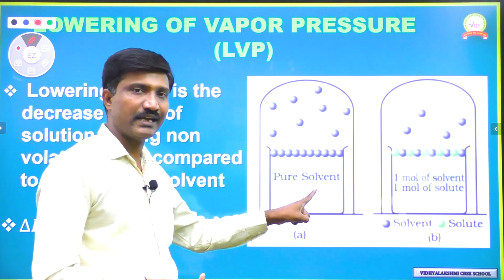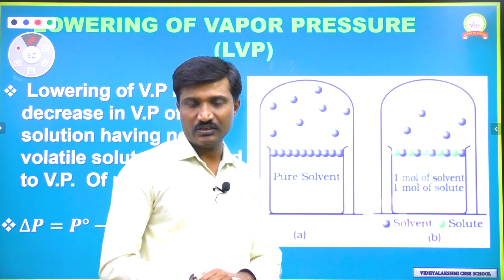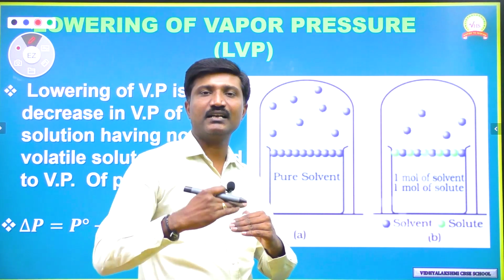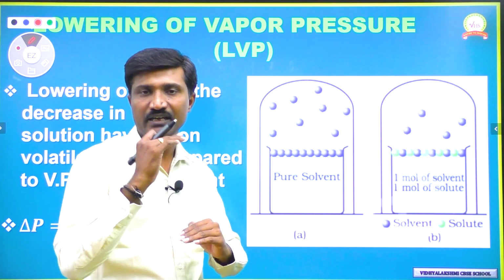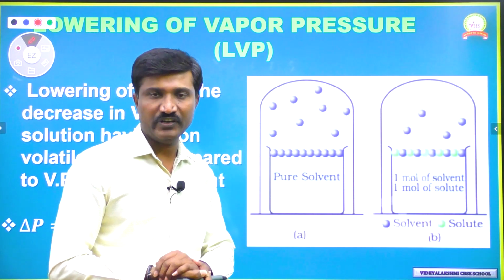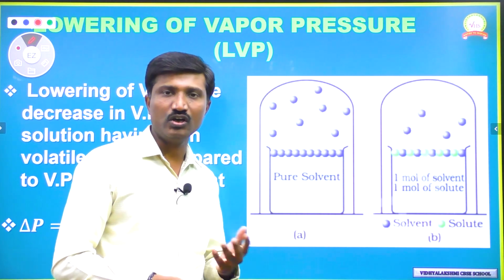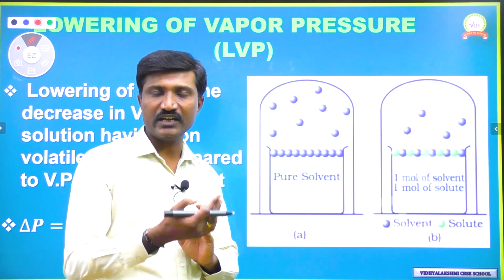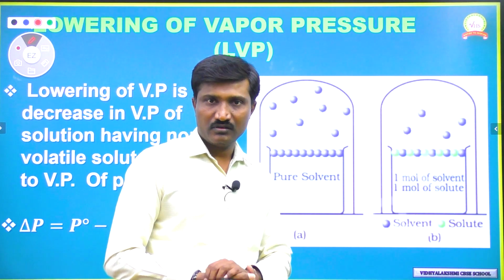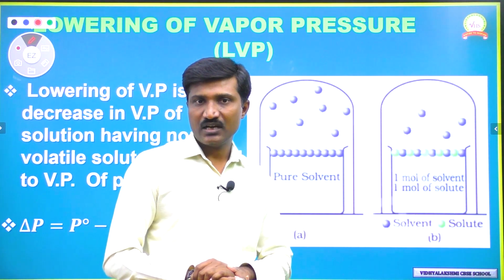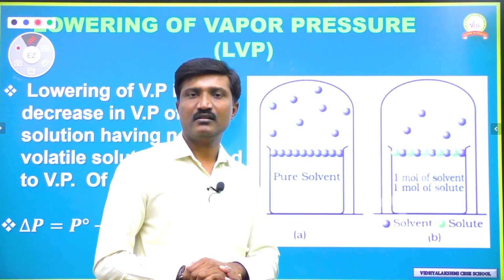Here I am taking the liquid as solvent and a non-volatile solute. Non-volatile solute means it does not undergo any vaporization, it does not show any volatile nature. For example, if you take stone, salt, glucose and keep any of these substances in our room or atmosphere, do they undergo any vaporization on their own?